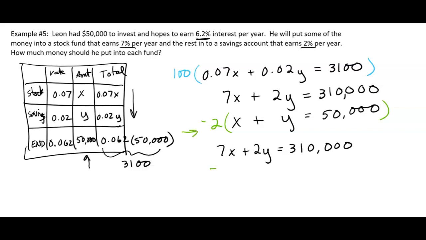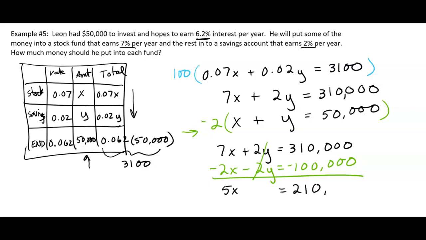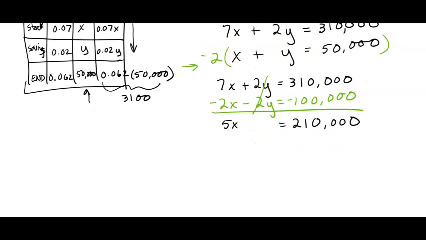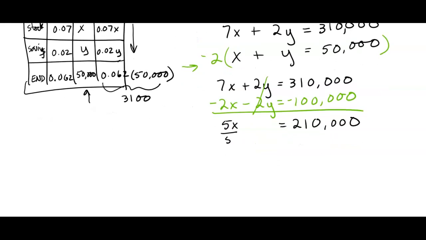Okay, so -2x minus 2y equals -100,000. Okay, so now we can eliminate the y's. Those are going to drop out. We're going to have 5x equals 210,000. Okay, and then we're going to have to divide by 5.